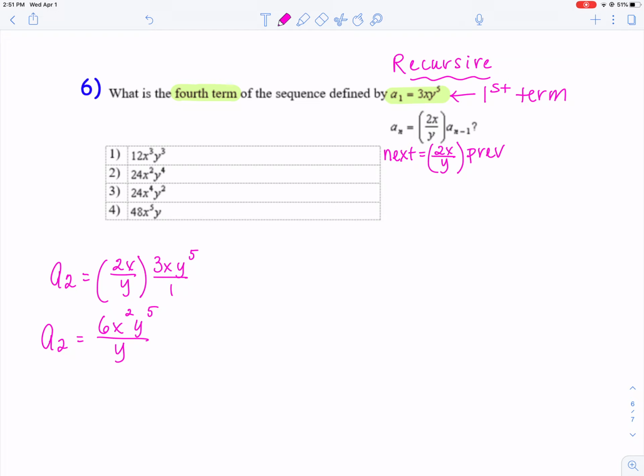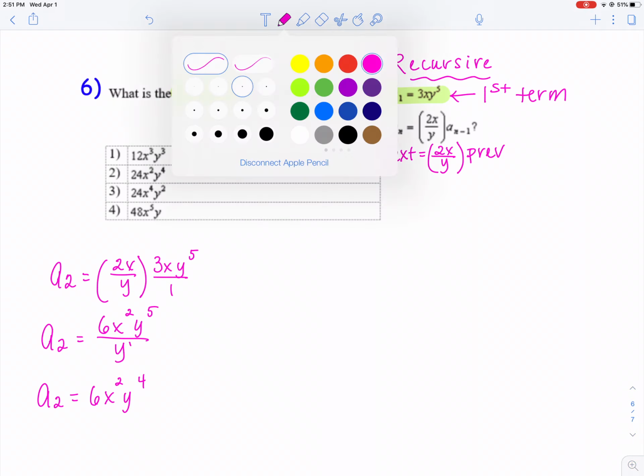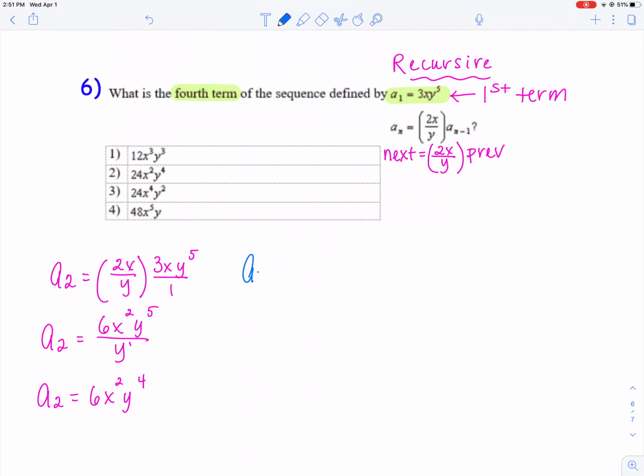Numerator times numerator, denominator times denominator. But that can be simplified even further. The y's can be divided out. Technically, there's a 1 up there in that denominator, and I could say 6x squared y to the fourth. There's term 2. So now I can get, I'm going to go new color, term 3.